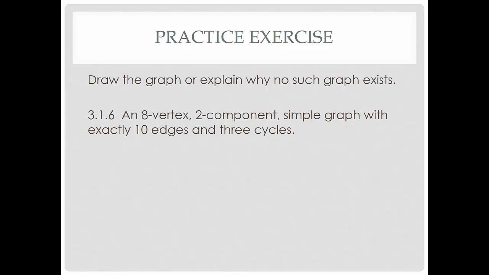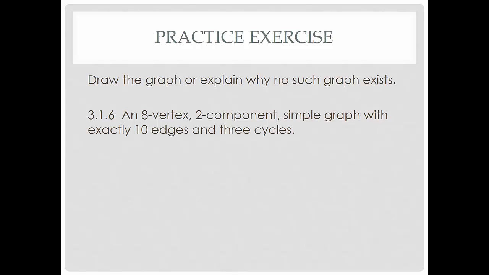So since we know it's 2 components, we could draw 2 circles representing each component. We don't know how many vertices are in each, so we could label them with an S and a T representing how many vertices are in each. And we do know that S plus T equals 8 because we're told it's an 8 vertex graph.